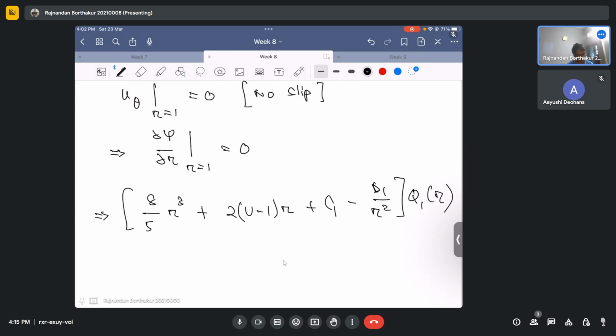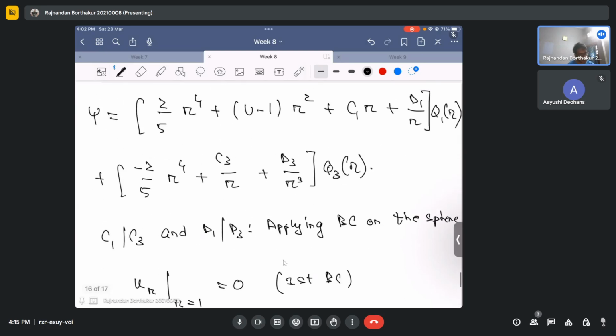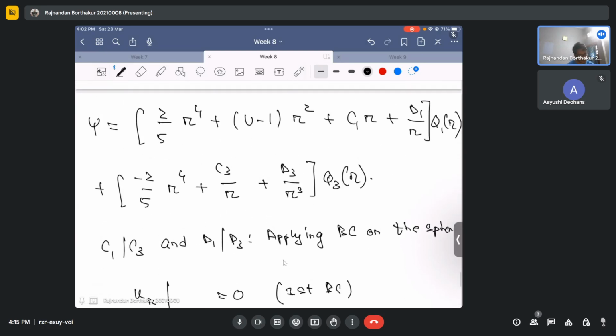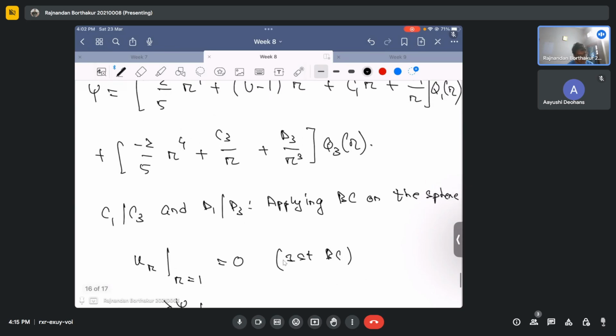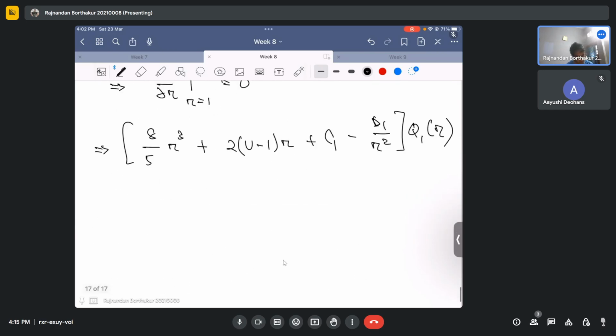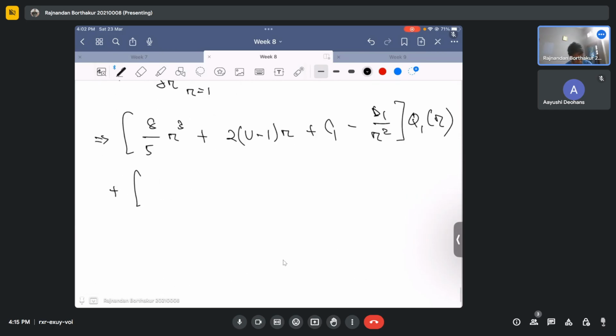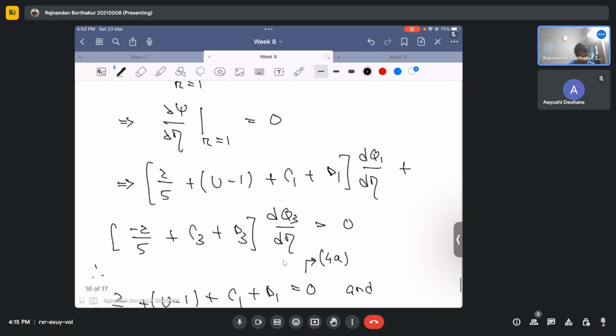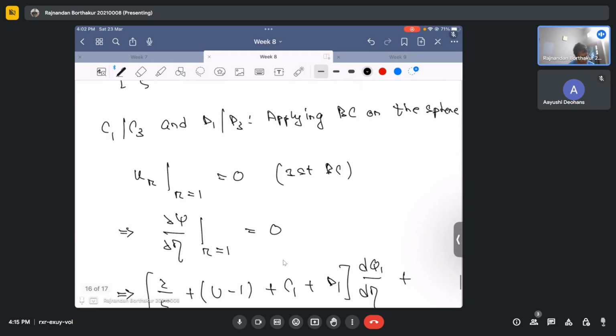Similarly, if we do the same exercise in the third mode, this term would be minus 8 by 5 r cube, I think. I'm not wrong.